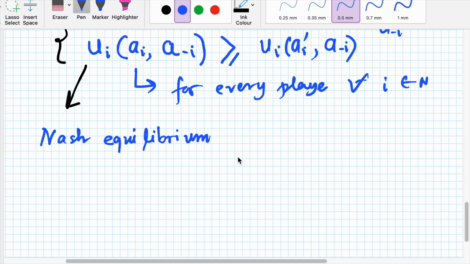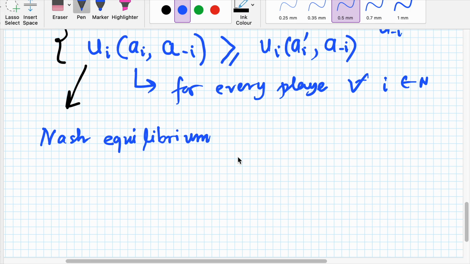This definition does not ensure existence for every game of this type of Nash equilibrium, and the second thing, it is also not ensuring that the Nash equilibrium is unique, that means only one Nash equilibrium is possible. We will see that there will be games where this kind of Nash equilibrium is not possible, and multiple Nash equilibria can be there in a game.